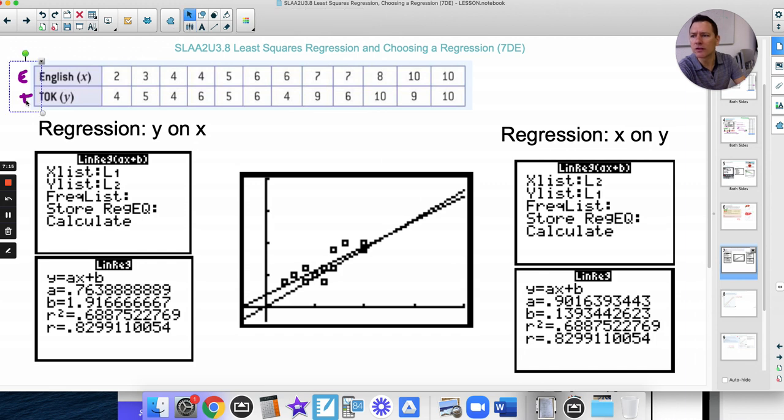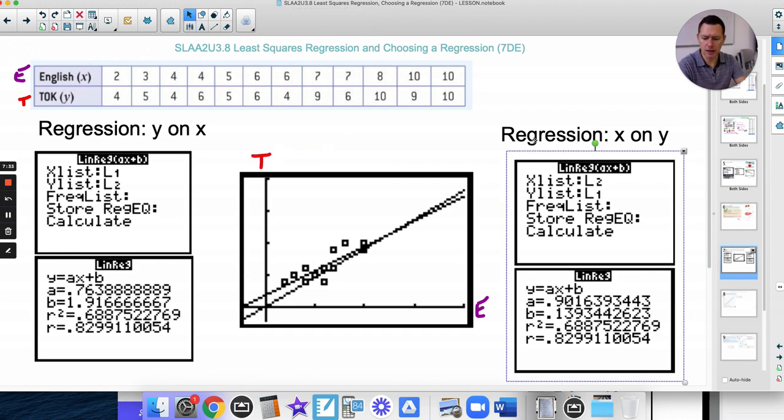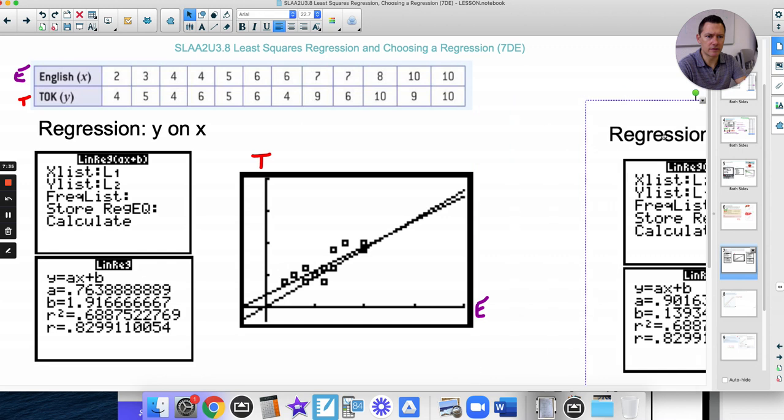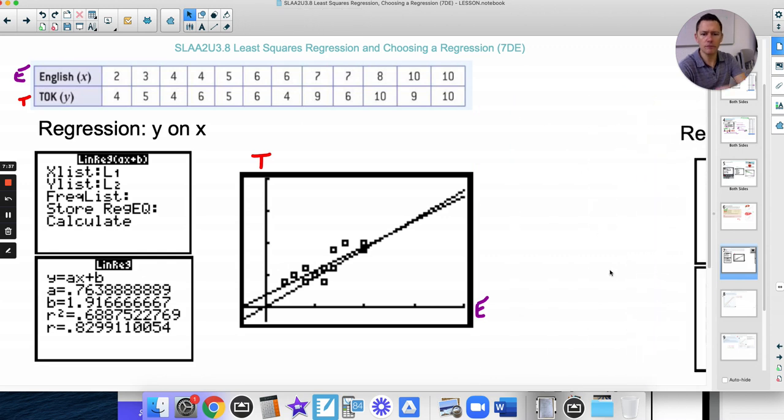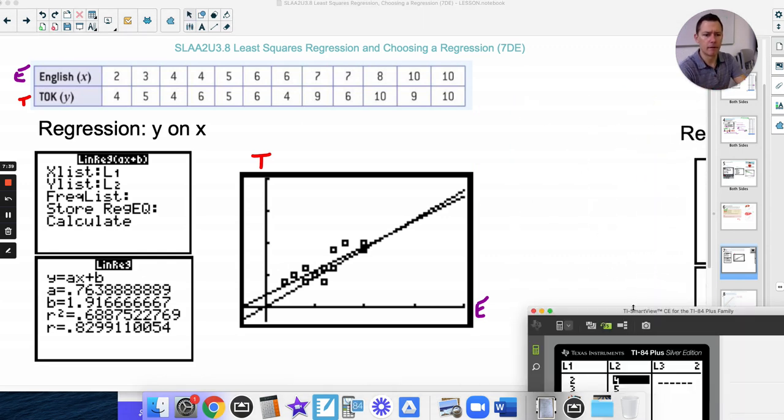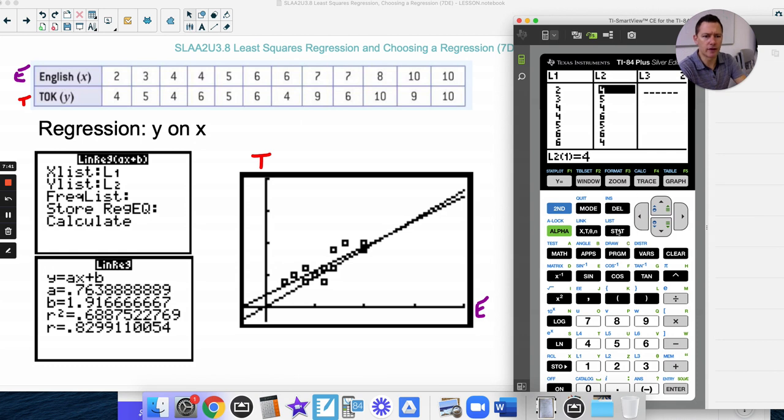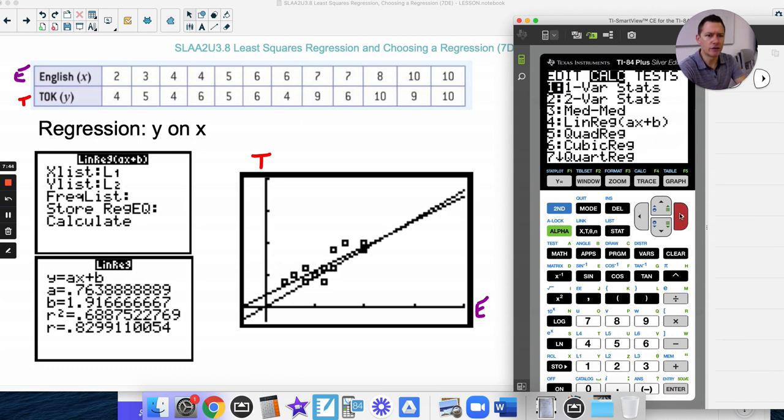Let's change these colors. Let's call this one purple for E for English, and this one red for TOK. So since the English is on the X, this is E, and this is T. Okay, so far you put that data in, you said stat, you said calc.